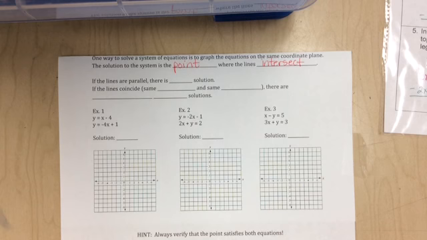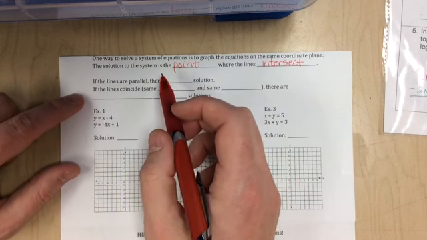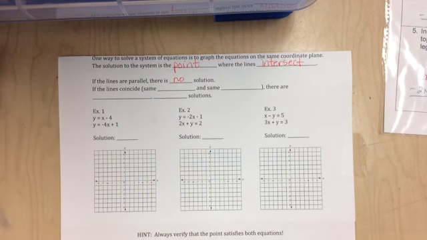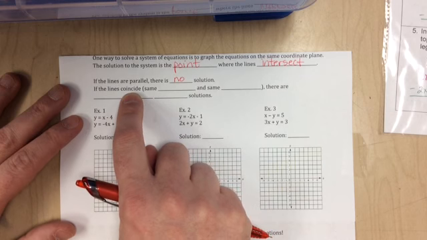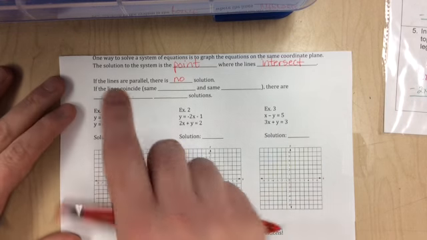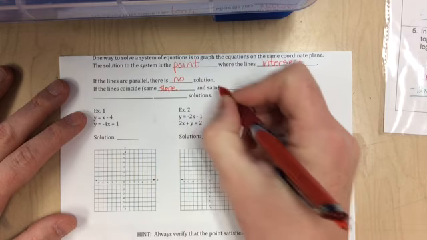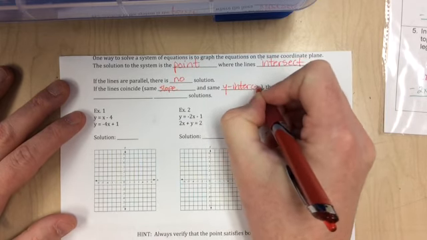Now let's talk about some special cases. If the lines are parallel, are they ever going to cross? No, so there is no solution because they never cross. Now if the lines coincide, there's a new word, coincide, which means they have the same slope and the same y-intercept.